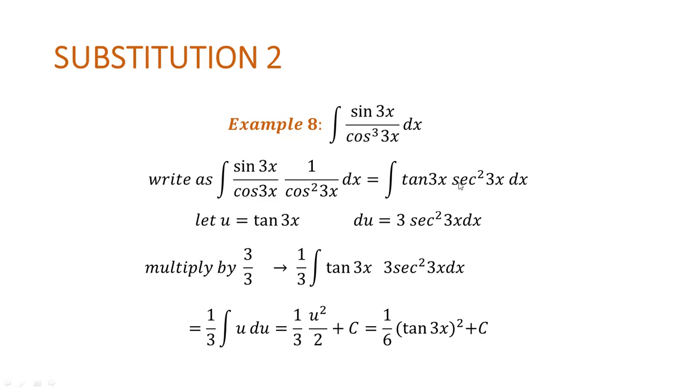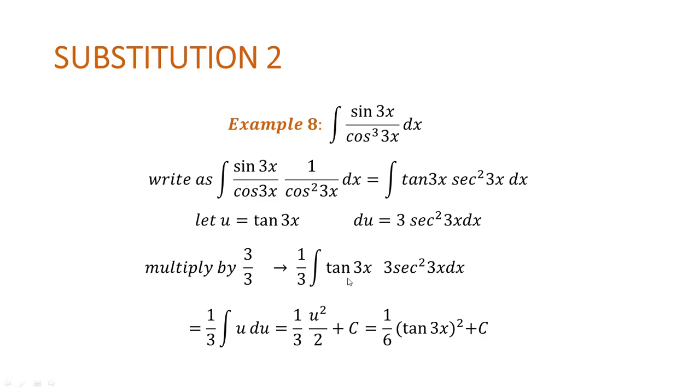So you lock the 3 here. So you multiply by 3 over 3. Set aside the 1/3 here because what you just need is the 3 to go with the secant squared of 3x. Here, your tangent of 3x can be evaluated using power rule. So you will have now tangent of 3x raised to 2, or that would be tangent squared of 3x, because you will have a u raised to 2 over 2 in this case.